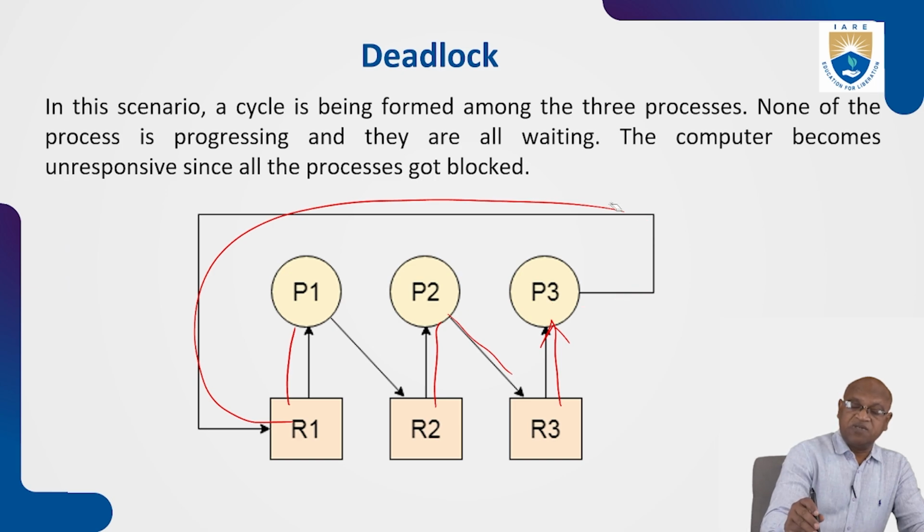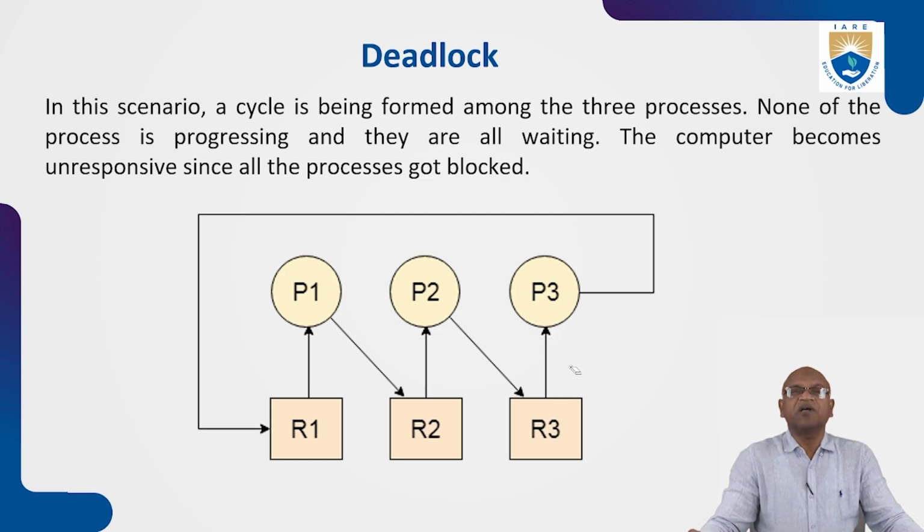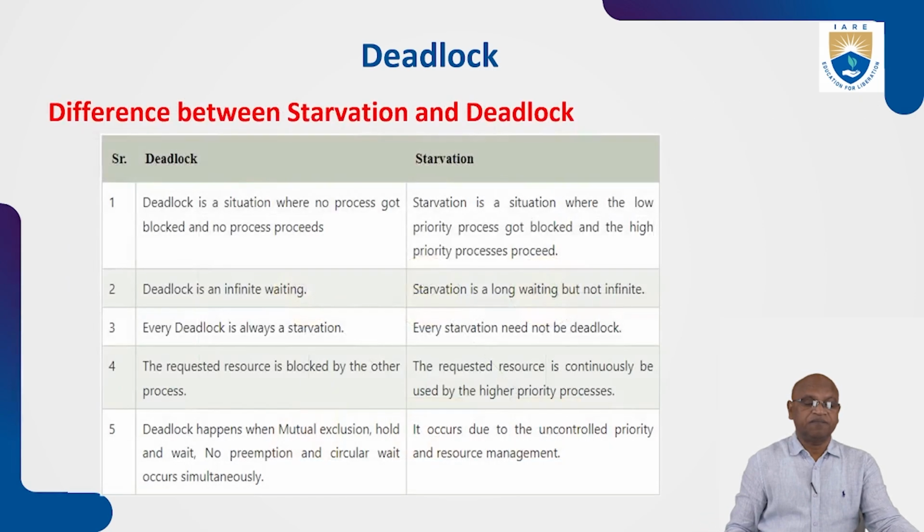That resource is being held by somebody else. So that is a problem here. It became a cycle. In this case, the system will not execute. So this condition is called system stuck or deadlock.